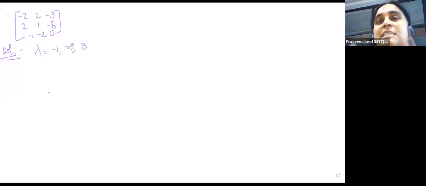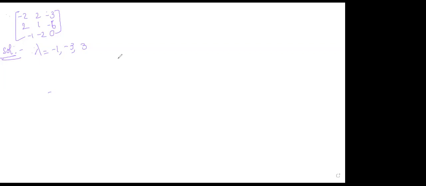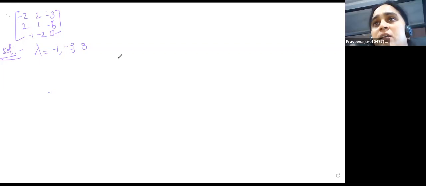Okay. Once you see these three are distinct or not, ma? These three are different or similar? Different. Definitely it is diagonalizable, right? Then continue the procedure for finding each and every eigenvalue, eigenvector.